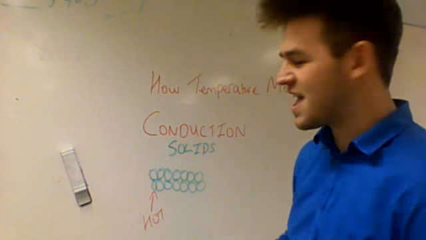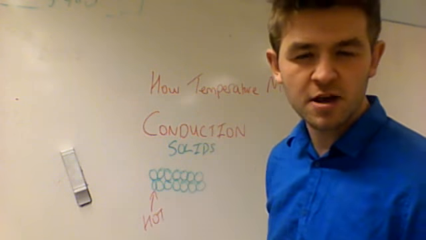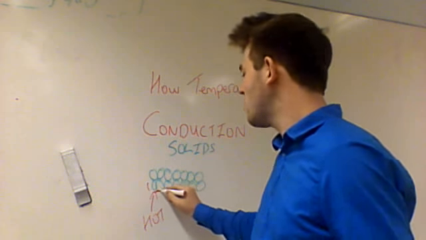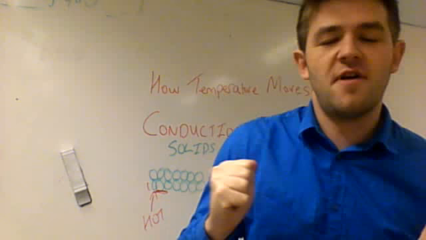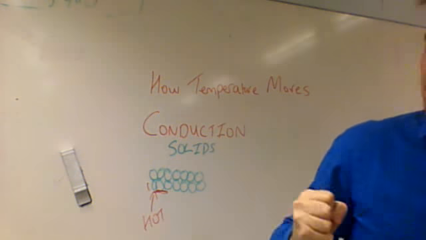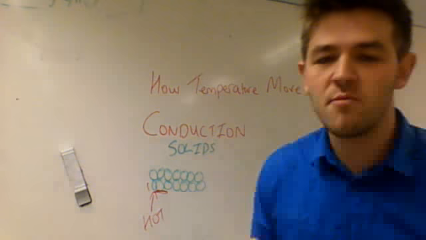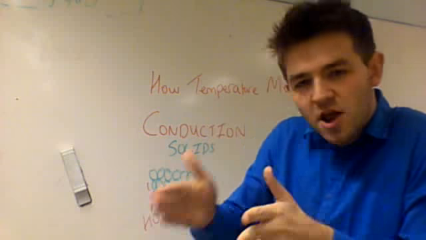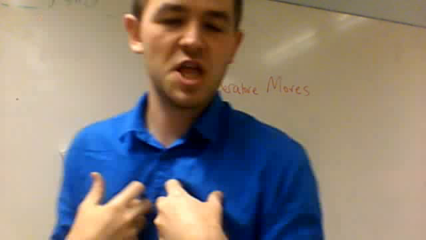If I make it hot here, then these particles here get more energy. They start to vibrate more. And if one of them starts to vibrate, then the one next to it, oh, you bump, oh, you hit me, and they have to vibrate more. And the next one has to vibrate more. So they all pass on energy, one person bumping into the next person, bumping into the next person.